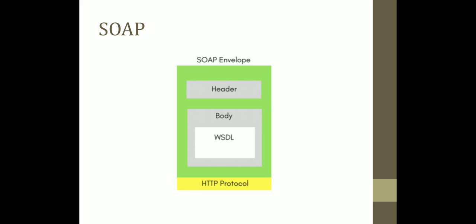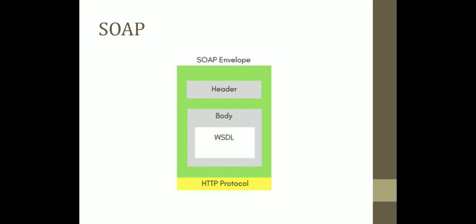Here we can see the SOAP format. It will send the message over the internet with the help of HTTP protocol. The format of the message is usually XML based.